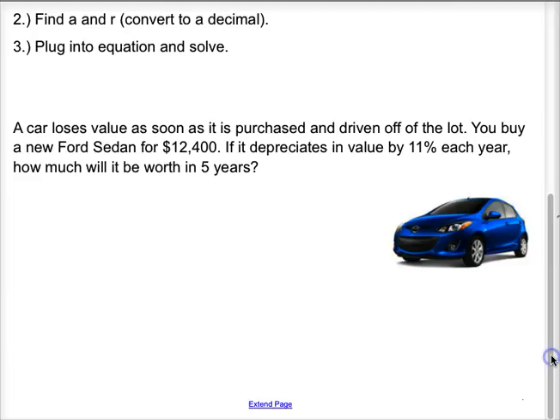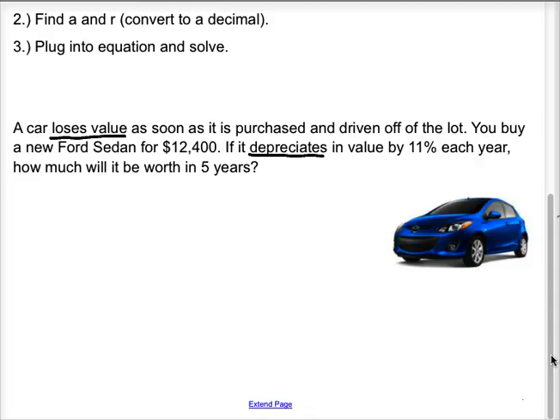So, let's dive into our first example. A car loses value as soon as it is purchased and driven off of the lot. You buy a new Ford sedan for $12,400. If it depreciates in value by 11% per year, how much will it be worth in 5 years? The vocabulary that I'm going to focus on is talking about losing value and depreciates.